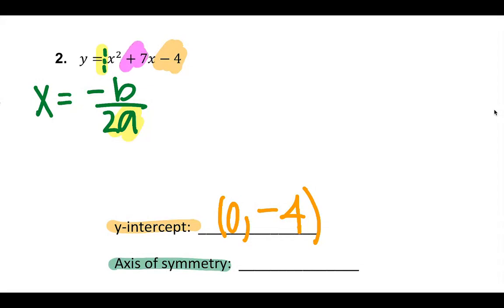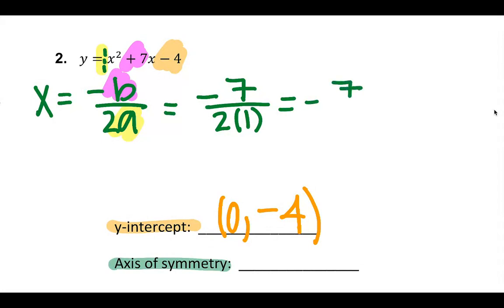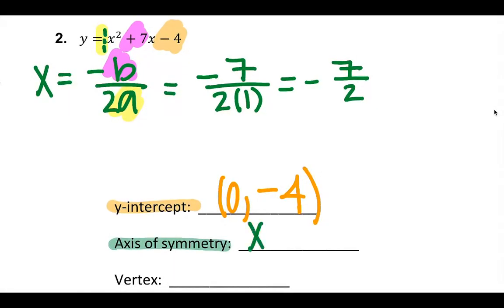And then my b is a positive 7. So when I go to plug all this in, I've got negative 7 over 2 times 1. So I really just have negative 7 over 2. So for my axis of symmetry, I've got x equals negative 7 over 2.